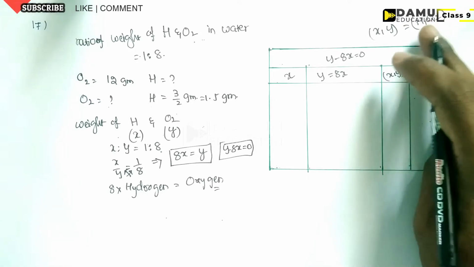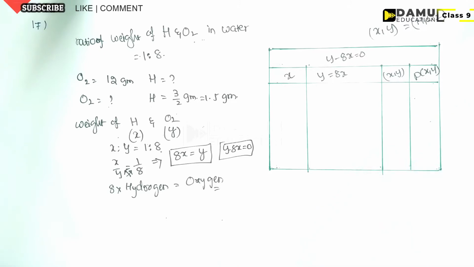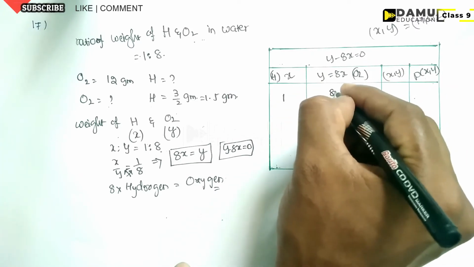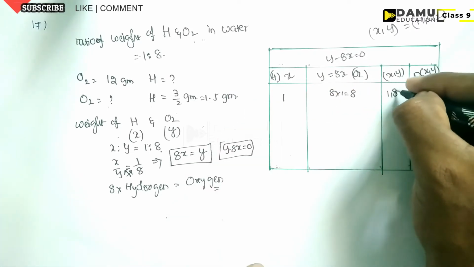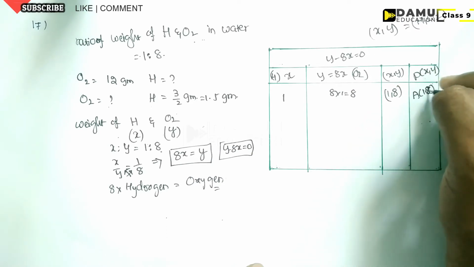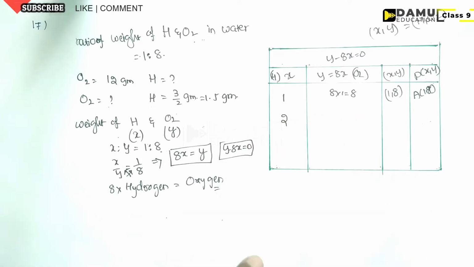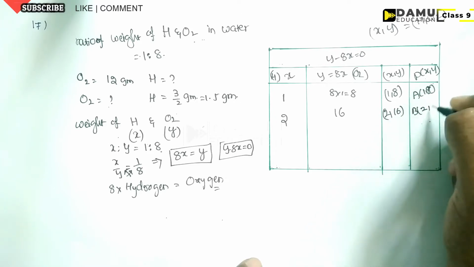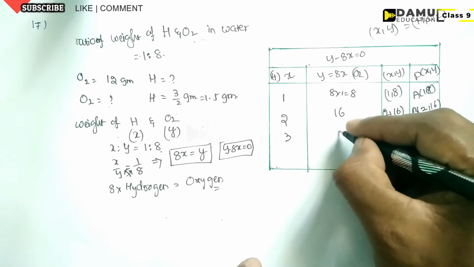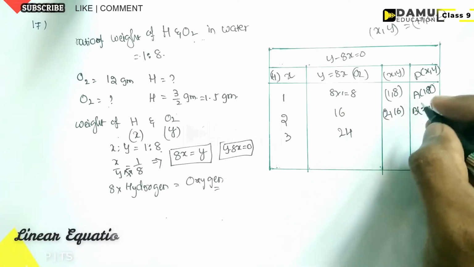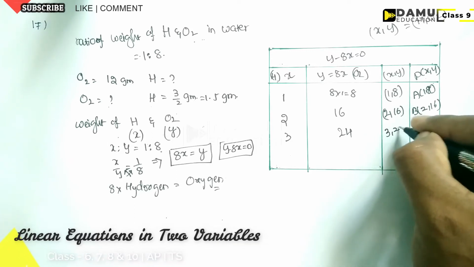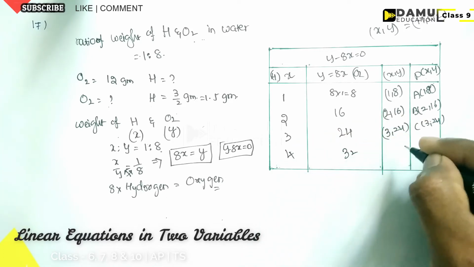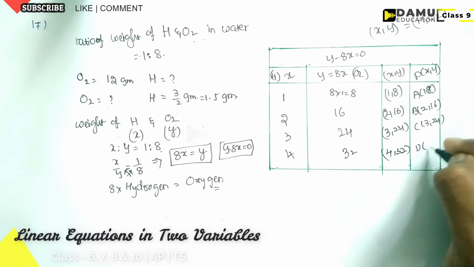If we take 1 gram of hydrogen, then what is the oxygen? 8 into 1, that is 8 grams. So 1 comma 8, that is A. Then 2 grams of hydrogen, then 8 times 2 is 16, that is 2 comma 16, point B. Then 3, so 24, that is 3 comma 24, that is C. Then let's take 4 comma 32, that is D.